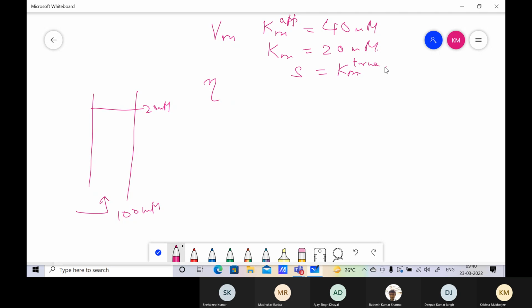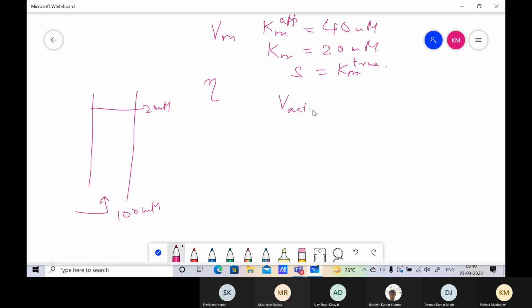How do you remember your formulas? Sir, actual rate upon rate without diffusion. Yeah, so without diffusion. You have already found out your V apparent, so what will be your V actual?